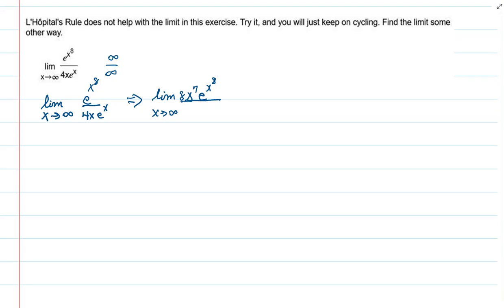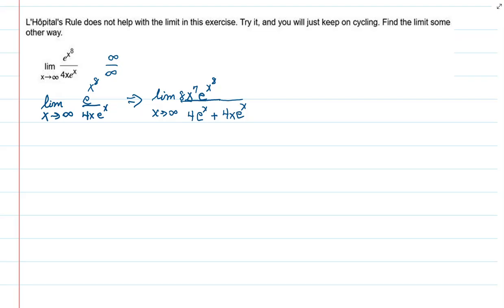Okay, down here we have the product rule for it first. And so I'm going to have 4e to the x plus 4x e to the x. Is everybody good? We're going to test the limit.